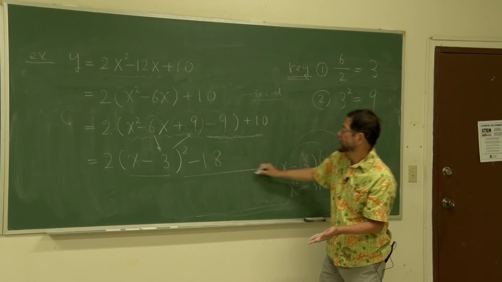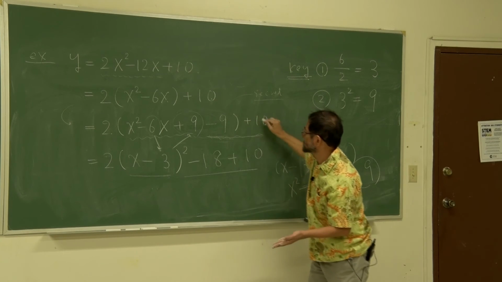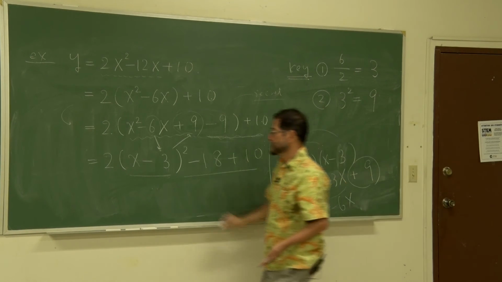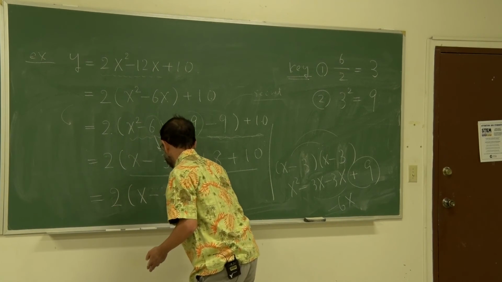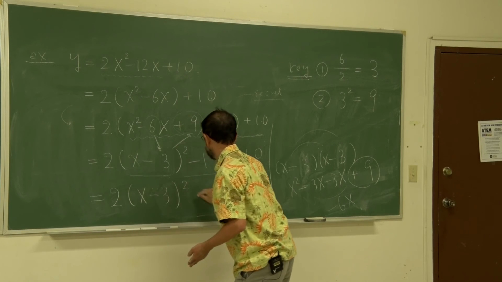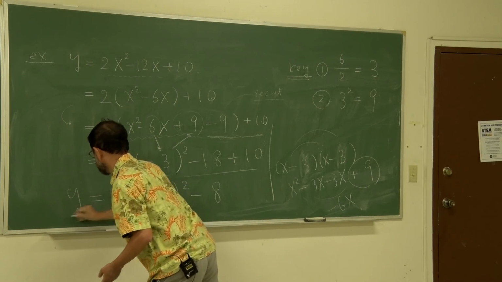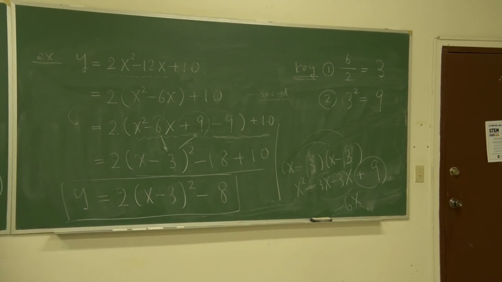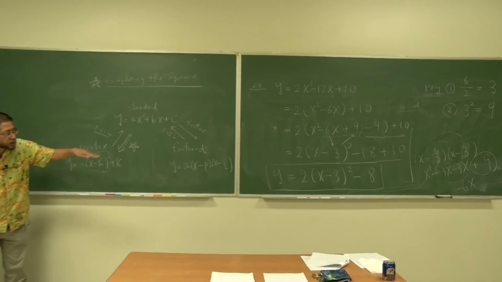Then plus 10, which you just keep copying. Finally, you have 2 times x minus 3 squared minus 8. That's what we want, the vertex form. That's how you complete the square.